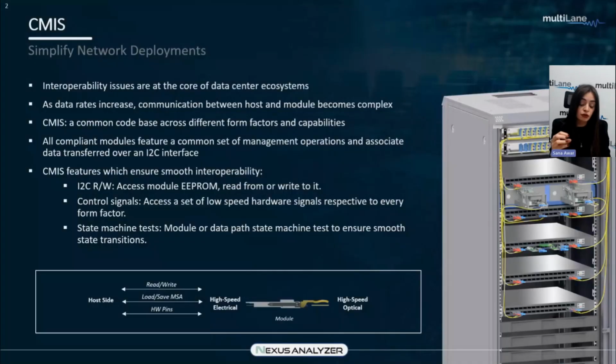Over the past few years, interoperability has gotten more and more complex with the increase of data rates. Some features at the core of CMIS aim to enable interoperability, and some of these are familiar to a lot of us in the industry, like access to a CMIS compliant module memory which the host can read from or write to, or a series of state machine tests to validate that your module is transitioning from one state to another, or that you're able to bring up your module with no interruption.